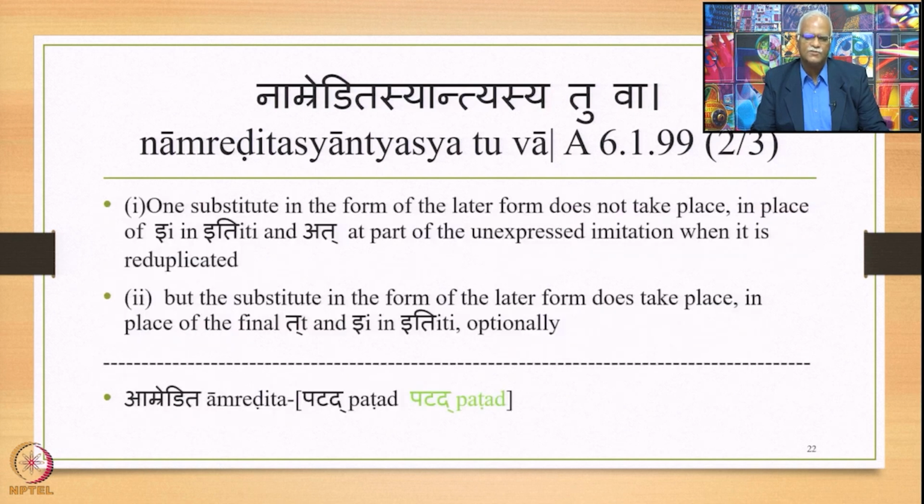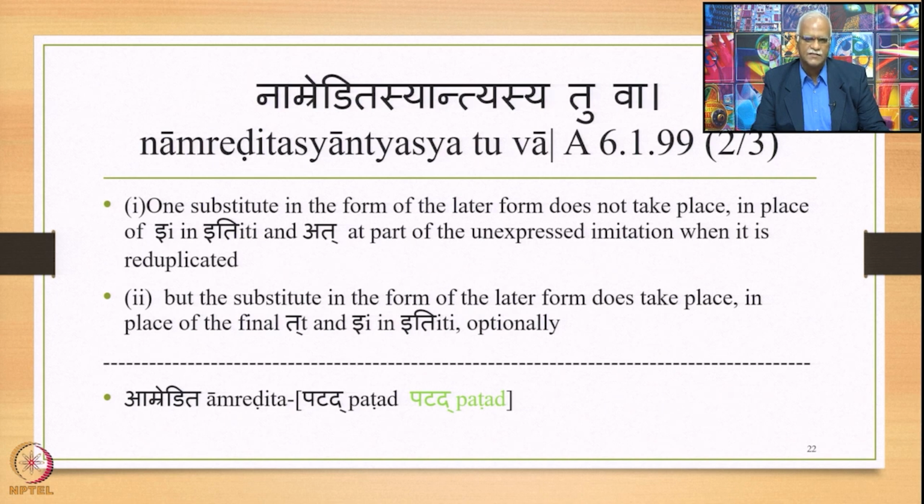So the meaning of the sutra stated in the two sentences is this. One substitute in the form of the latter form does not take place in place of the at and the e in iti, which is part of the unexpressed imitation when it is reduplicated.